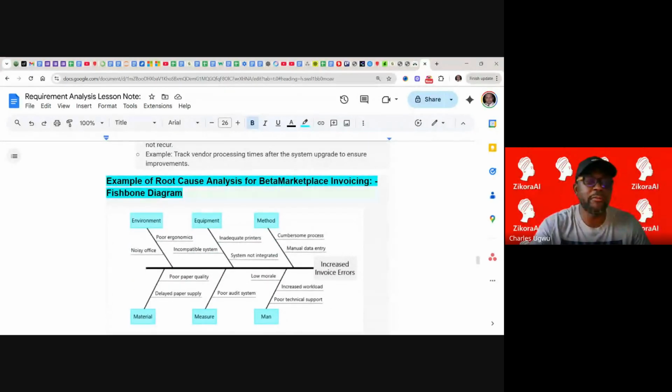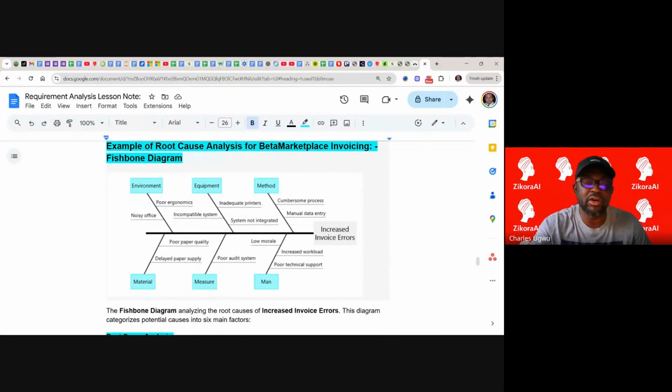Then we have another root cause analysis technique, which I said is the fishbone diagram. Fishbone diagram is called cause and effect. Cause and effect. So here we see the increase. The problem here is the increase.